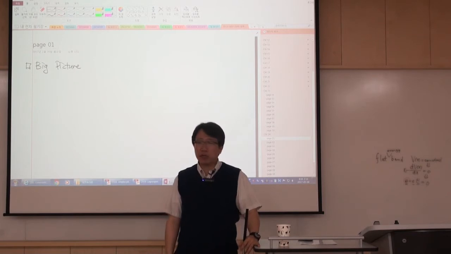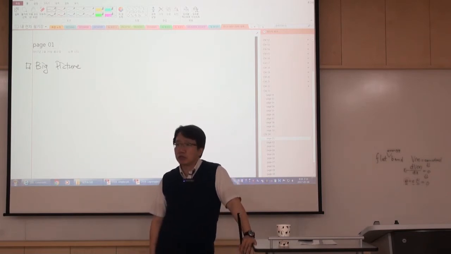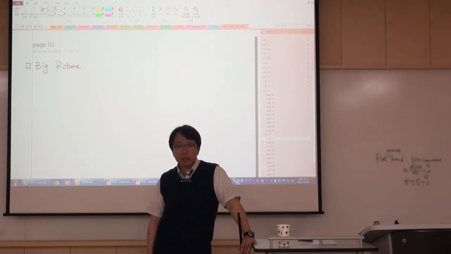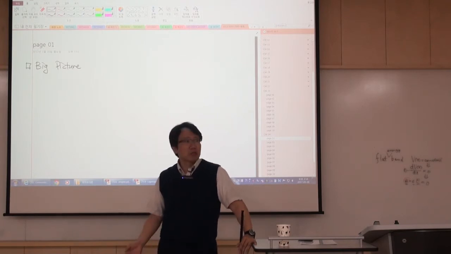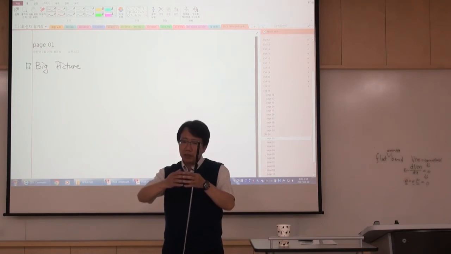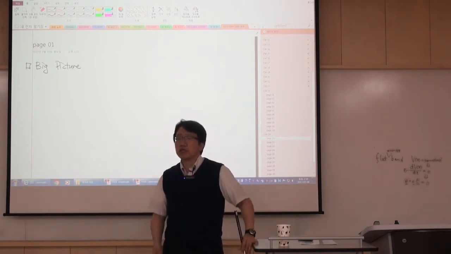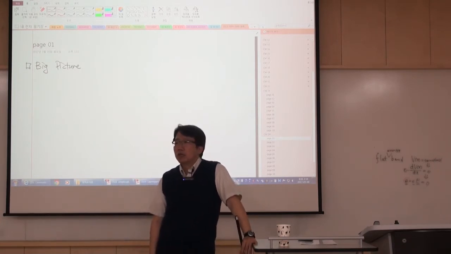So we studied golden section, Fibonacci search, something like that. And then we studied Newton's method, conjugate direction method, quasi-Newton method, and others. Those algorithms can be used for unconstrained optimization problems and also for constrained optimization problems.